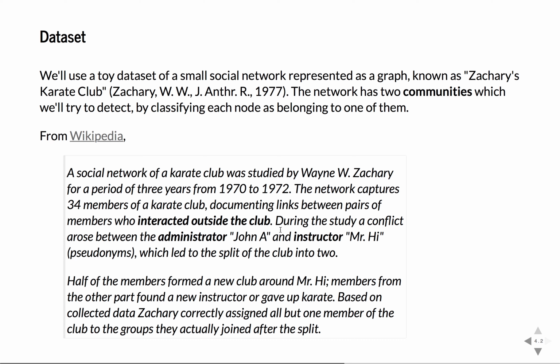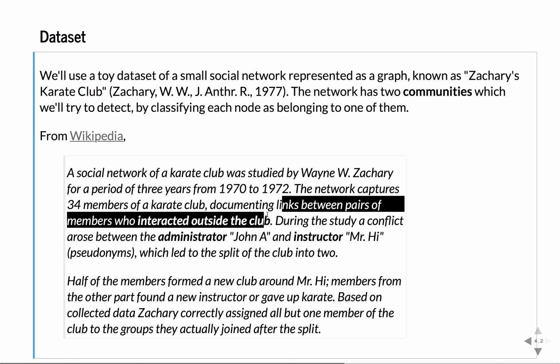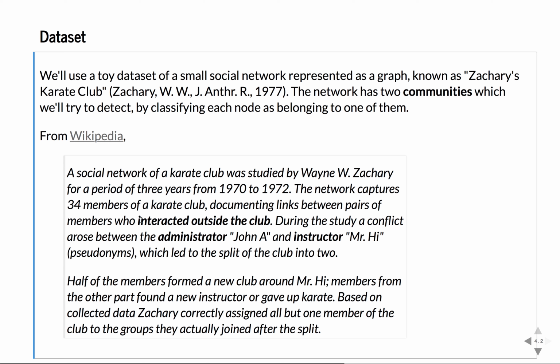So basically, it's based on members of a karate club, and the links. Each node in the graph is a member of this club, and the links between nodes, or the edges of the graph, represent the fact that two people interacted outside the club. So they know each other from outside the club.